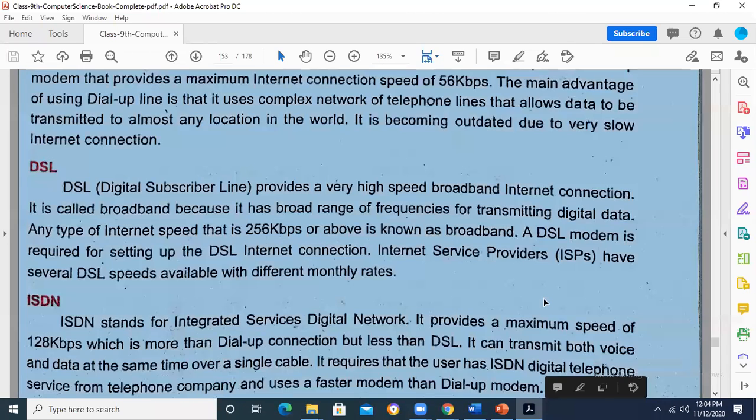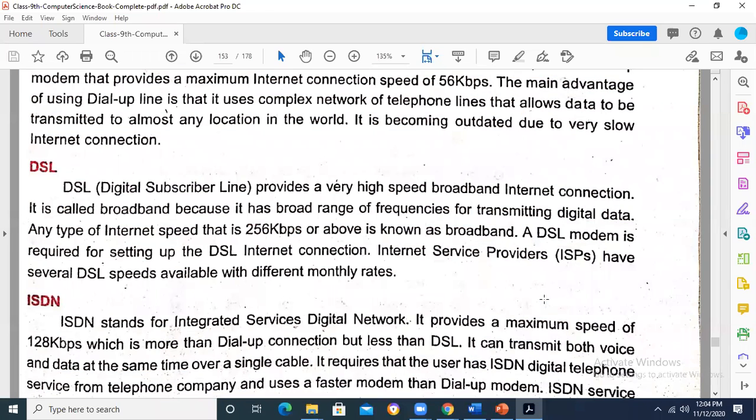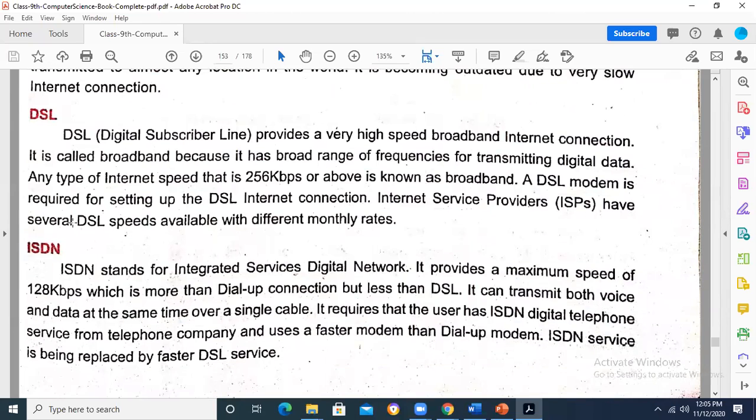A DSL modem is required for setting up the DSL internet connection. Internet service providers have several DSL speeds available for different monthly packages, and of course the DSL links are owned by different public switched telephone networks.